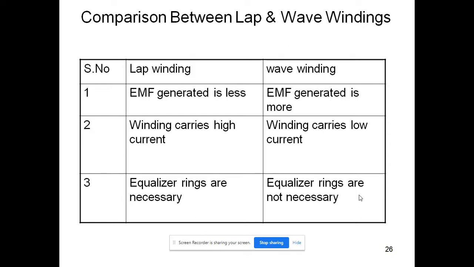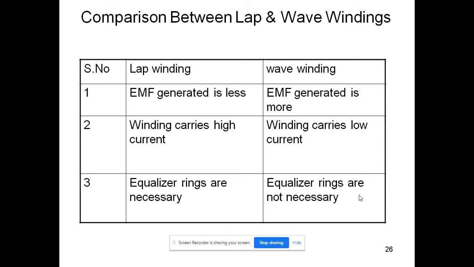Generally, in a lap winding, the EMF which is generated will be less, whereas in a wave winding, the EMF generated will be more. And lap winding carries high currents, and the wave winding carries low currents.